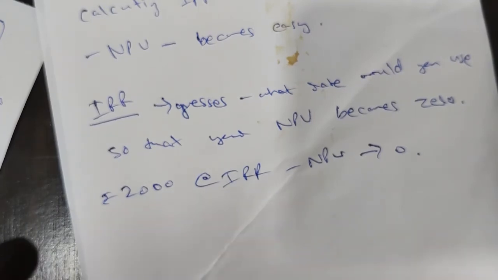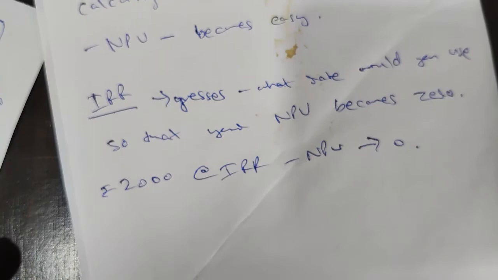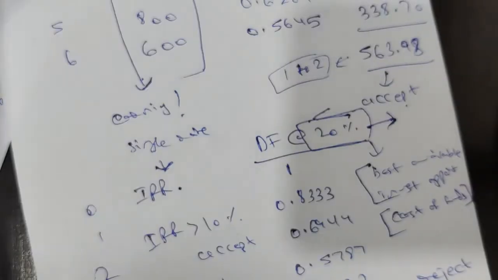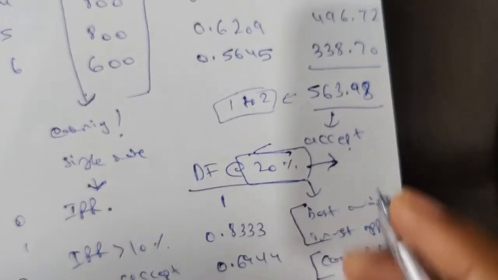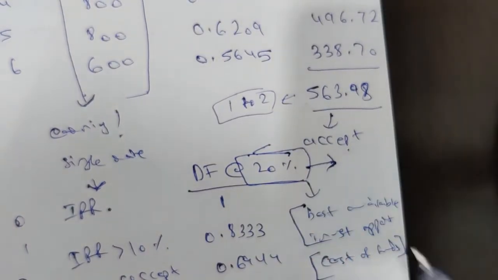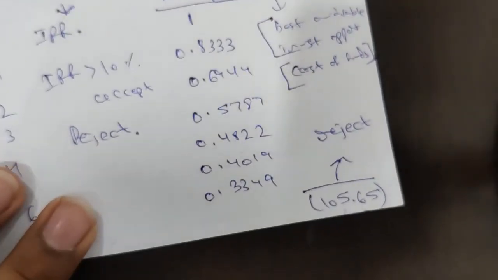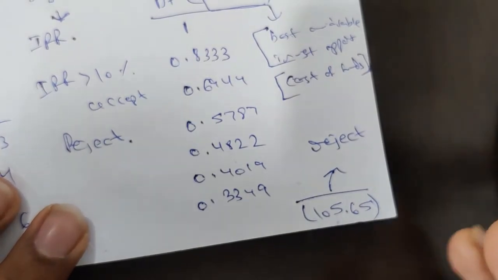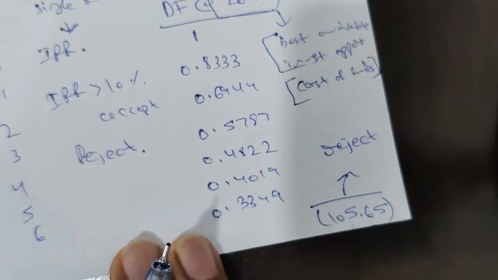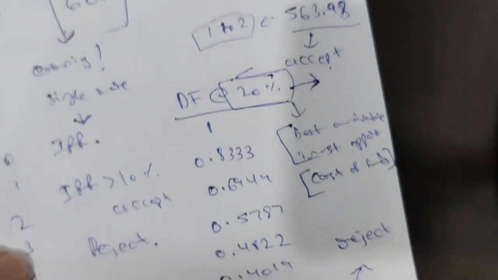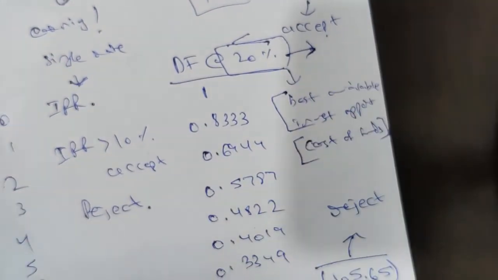Now how to calculate this? Considering these two, you would see 563.98 is too far from 0. Still, 105.65 is approximately near. So let's take a guess of maybe around 18%.